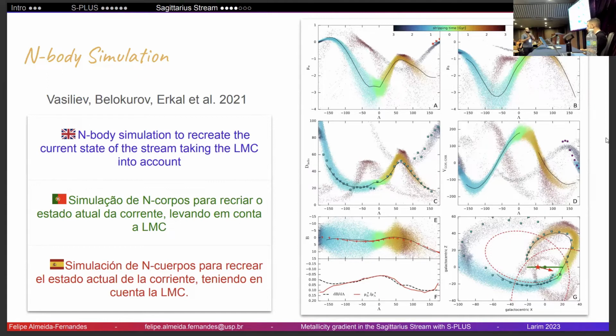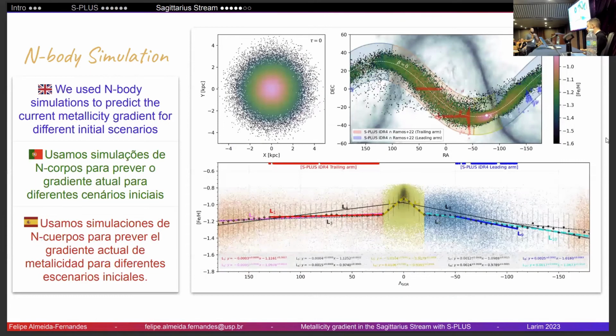But their study is basically a dynamical study. So what we did, we took the results from the simulation and we painted a metallicity gradient in the initial condition of the simulation, which is this dwarf spheroidal galaxy, and we followed the simulation to see how it produces the metallicity gradient that we see today.